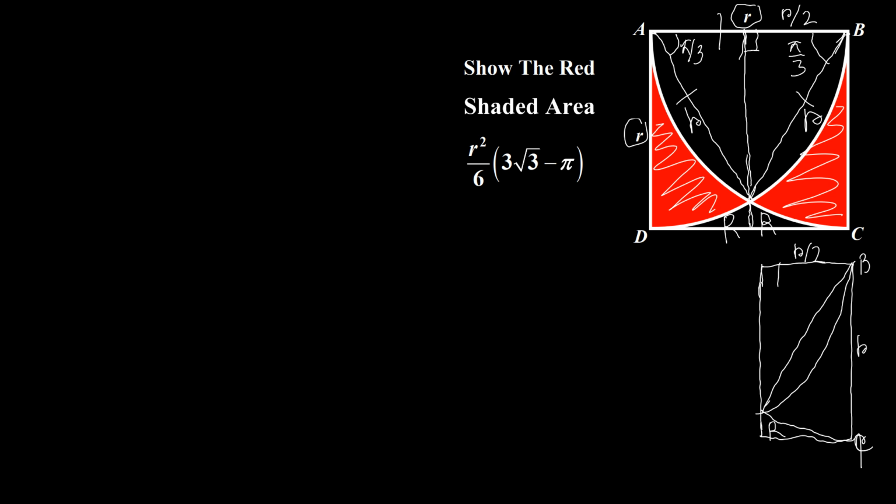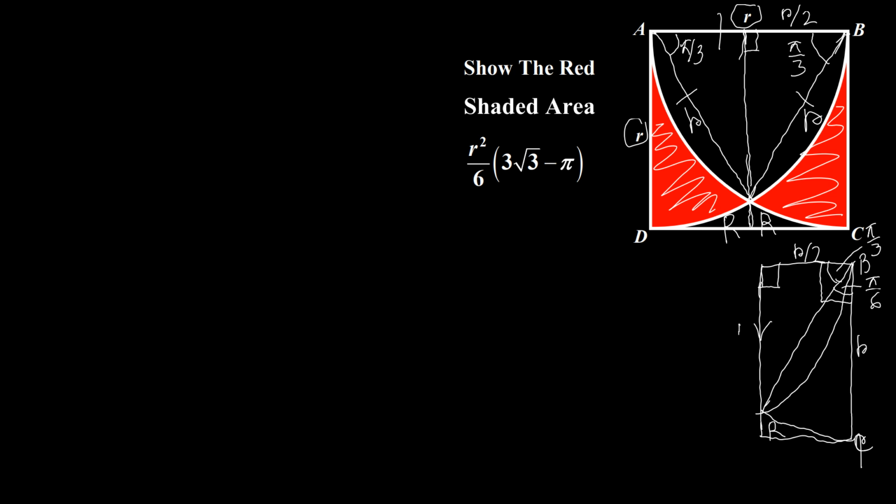Here the angle is 90 degrees. The total angle is pi by 3, which is 60 degrees. We know this corner is 90 degrees, so this other angle is pi by 6, which is 30 degrees, because if we separate pi by 3 from pi by 2, we get pi by 6. First our target is to find this length.